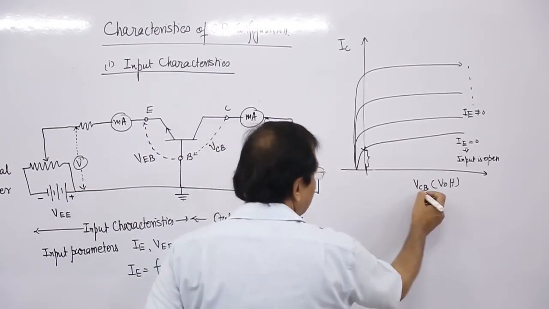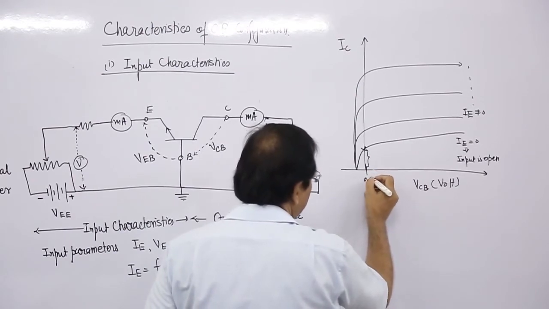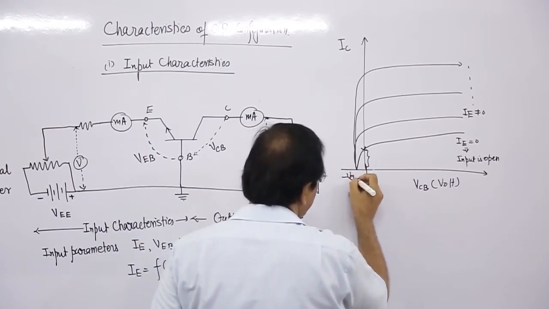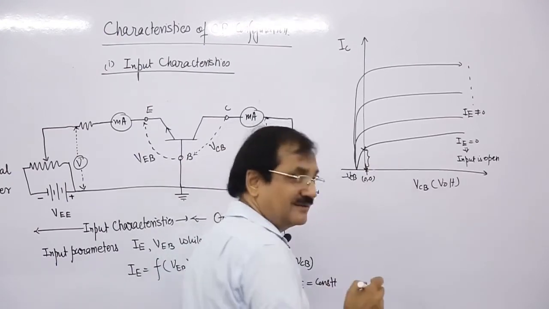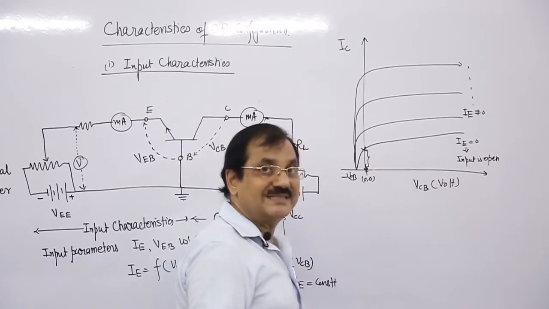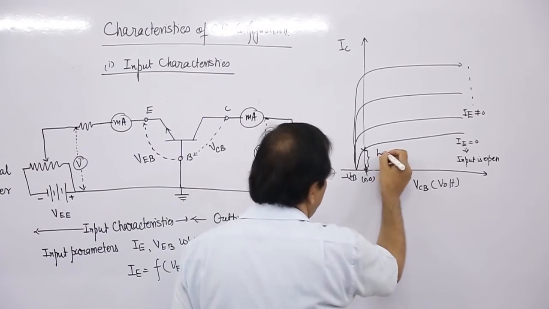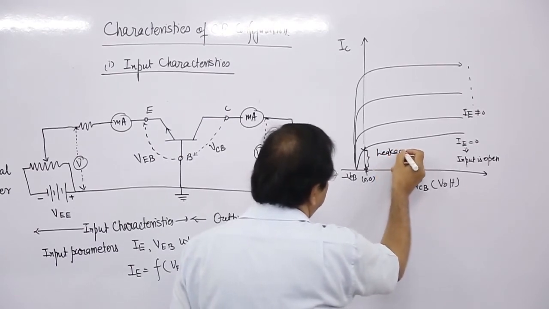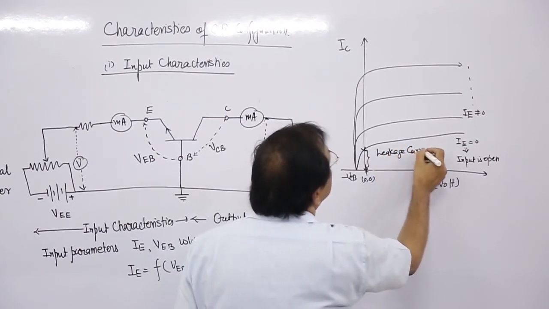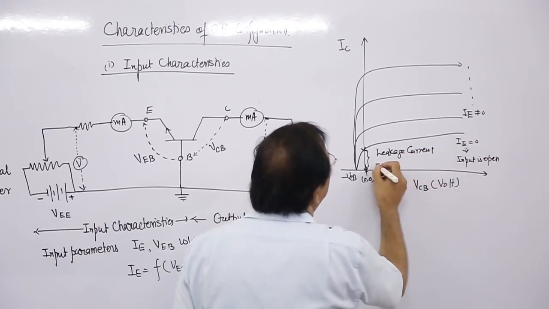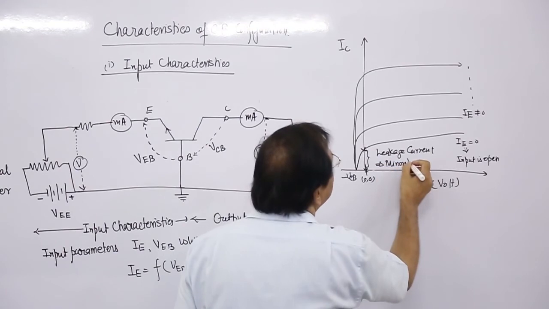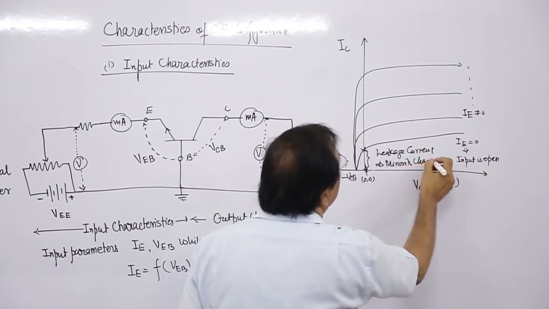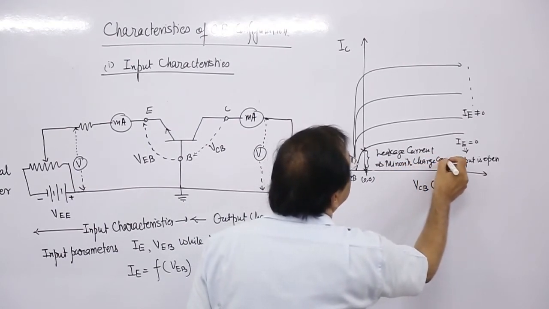So this value means at origin, this is minus VCB. At this value it is origin. Then this part is known as leakage current, due to minority charge carriers.